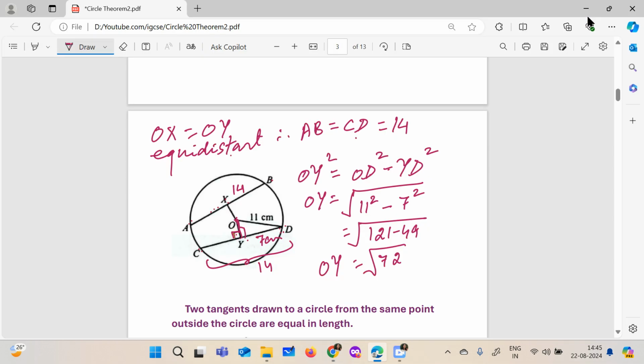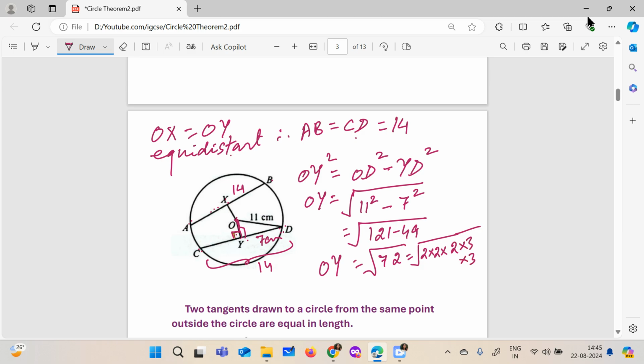Okay, so we can simplify it more. So how can we write this? 72 is 8 nines, so you will have here 8 times 3 times 3.